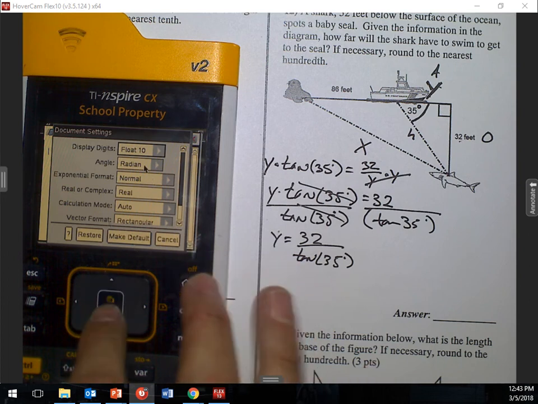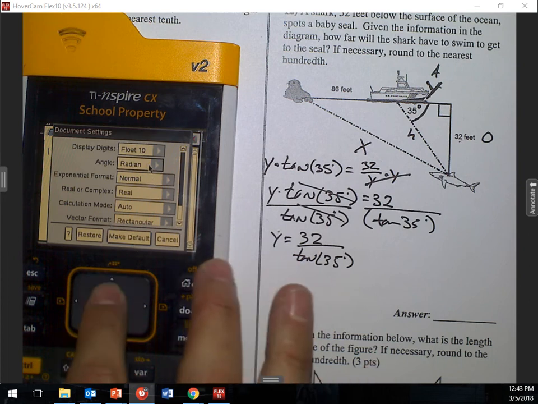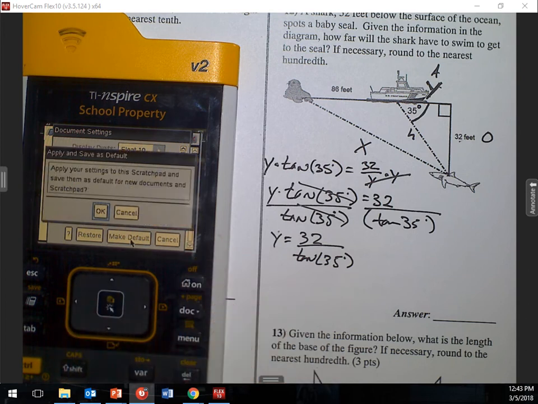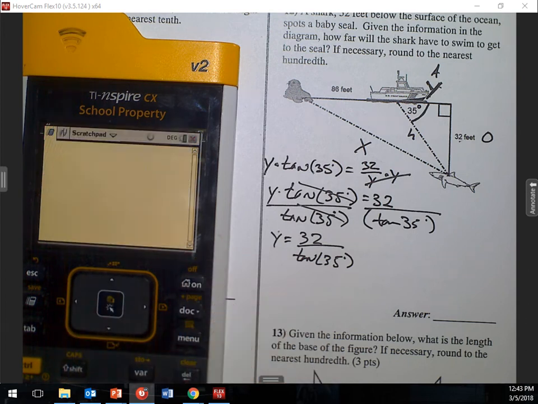Right here it says angle, change from radian to degree, and make default. There we go, so let's go ahead and put that. So 32 over tangent of 35 degrees.